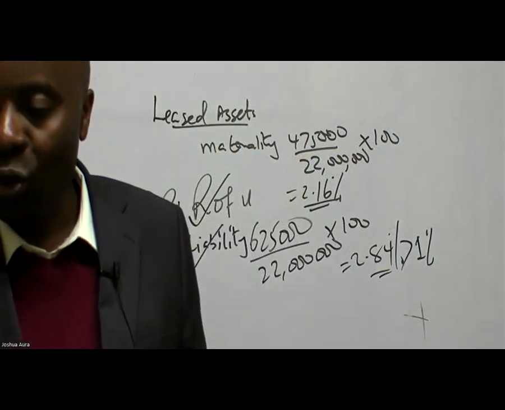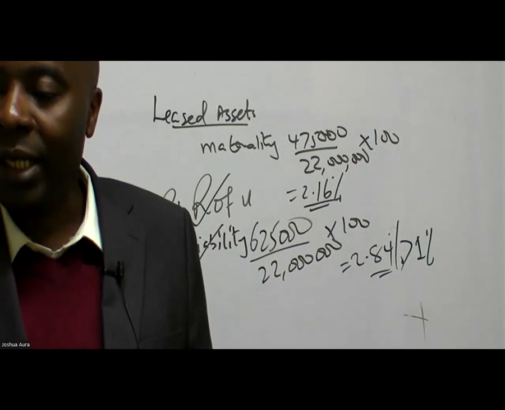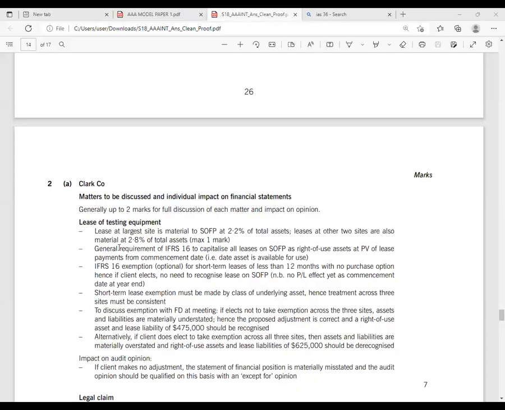So if they choose in this case to take this on the statement of financial position, then the two. So you're saying to discuss exemption with finance director at meeting, if he elects not to take an exemption across the three sites, assets and liability are materially understated. Hence, the proposed adjustment is correct, and a right of use asset and lease liability of 475,000 should be recognized.